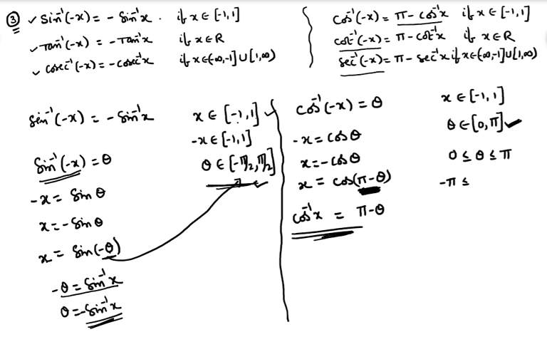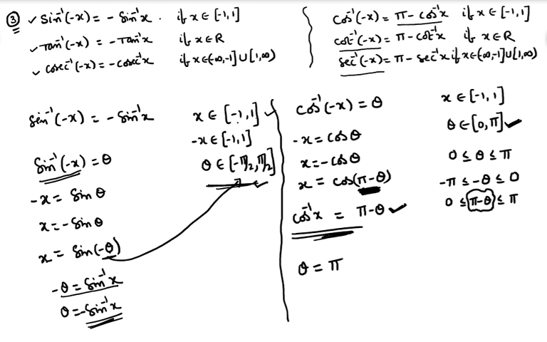Multiply with minus, the inequality changes: minus pi less than or equal to minus theta less than or equal to 0. Now add pi: 0 less than or equal to pi minus theta less than or equal to pi. You can observe that pi minus theta is also in the principal branch only. That's why we can write this step.